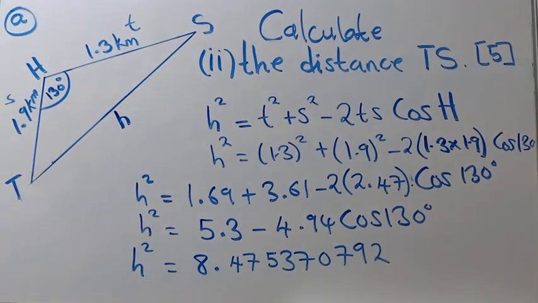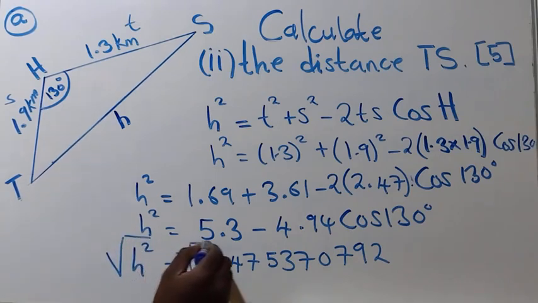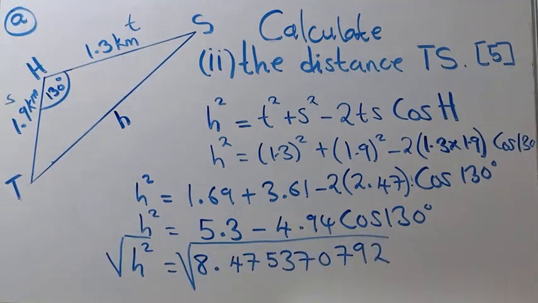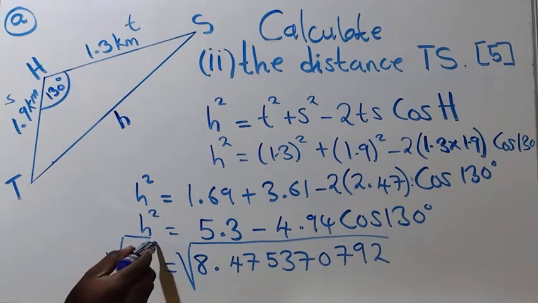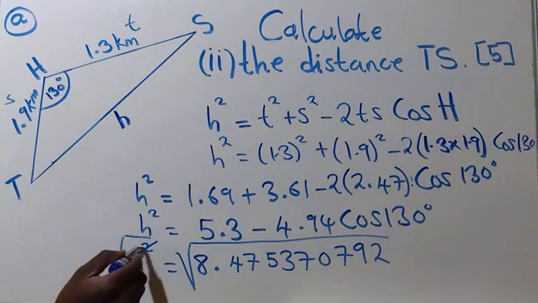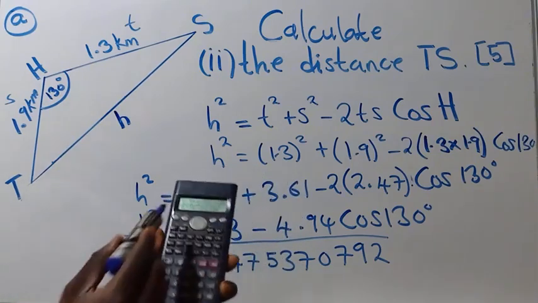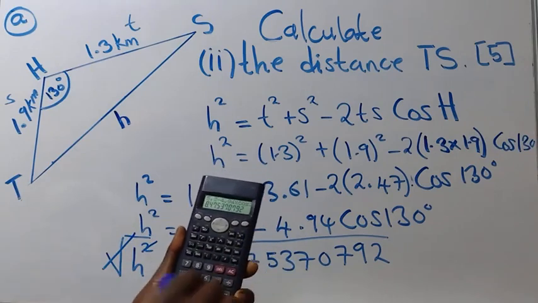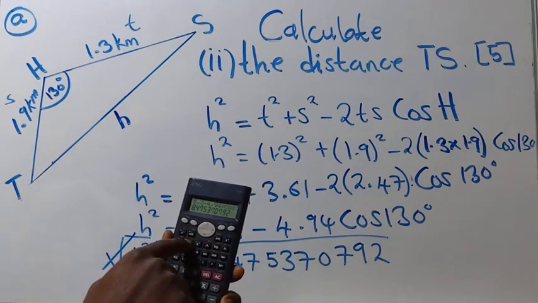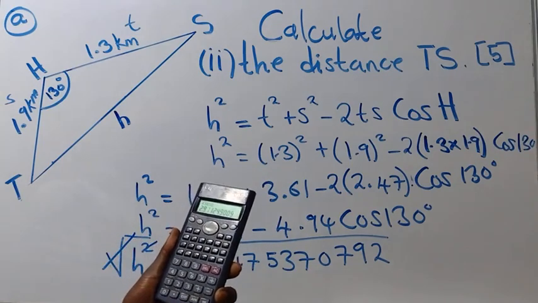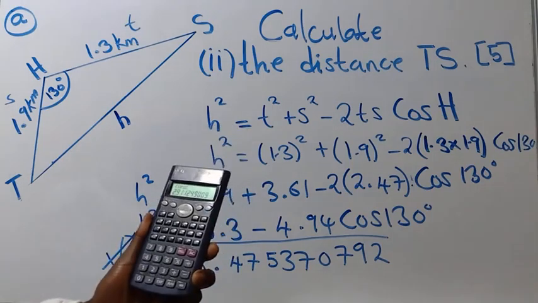Remember, I want to find the value of h. Now this h is being squared, so you have to get rid of this square by introducing a square root. Even on this side, you are going to introduce a square root. The square and the square root cancel. The answer that you got here was this, so just press the square root to give you the value, which is 2.9 something.